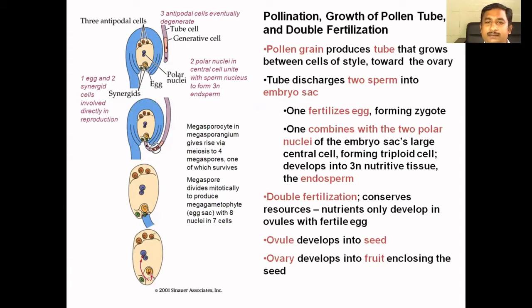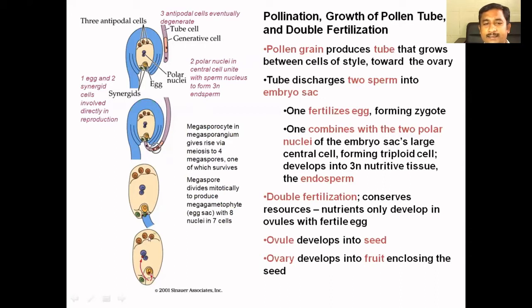One sperm fertilizes the egg, which forms the zygote here. Another goes to the polar nuclei, and that becomes two.